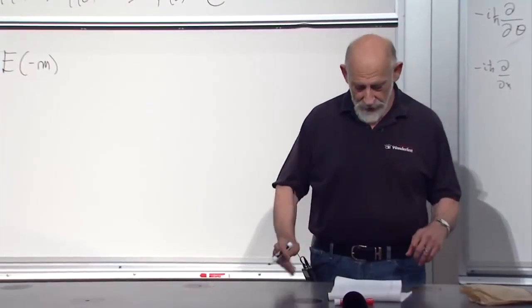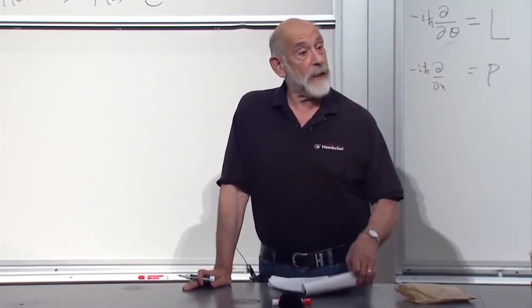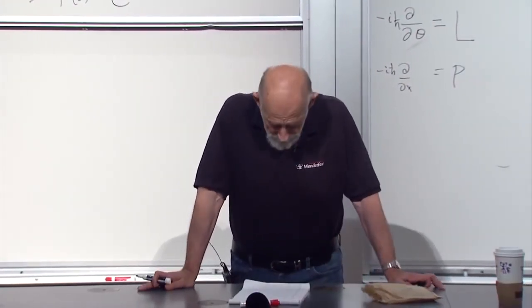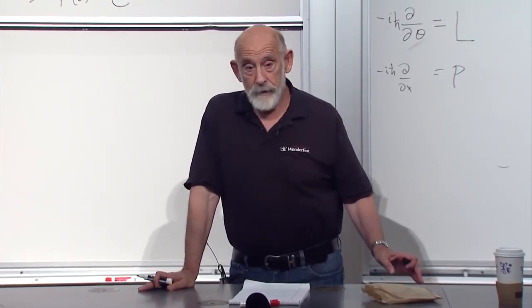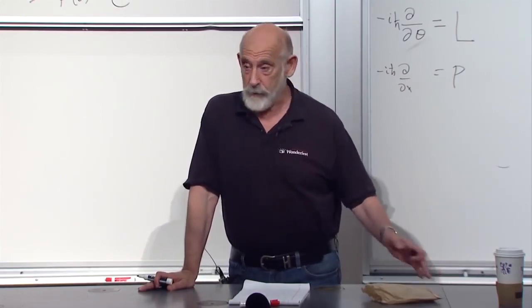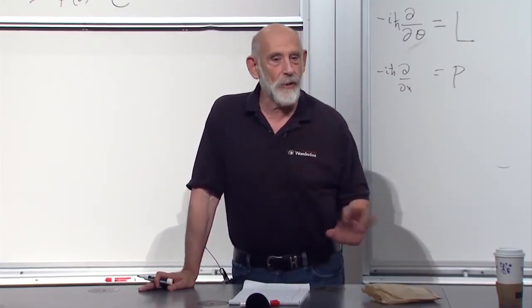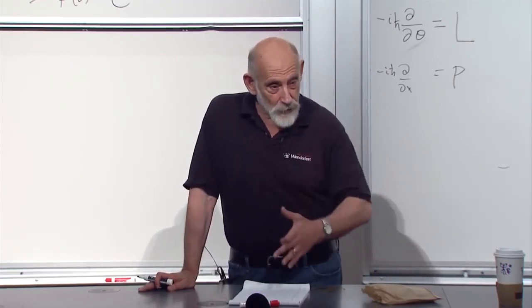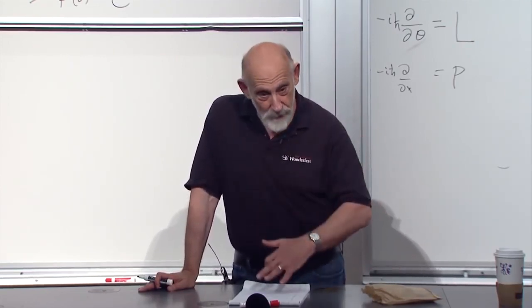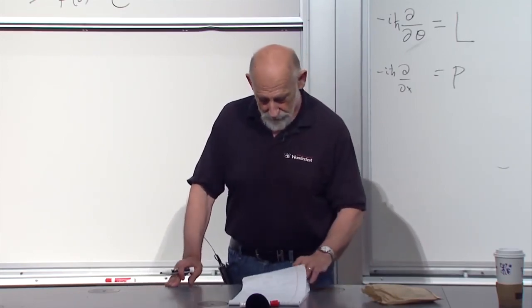That's the language. If you didn't have the magnetic field, the energy levels would be degenerate in pairs. Angular momentum zero would not be degenerate. There's only one of them. But angular momentum +1 and -1 would be degenerate. Angular momentum 2 and -2 would be degenerate.